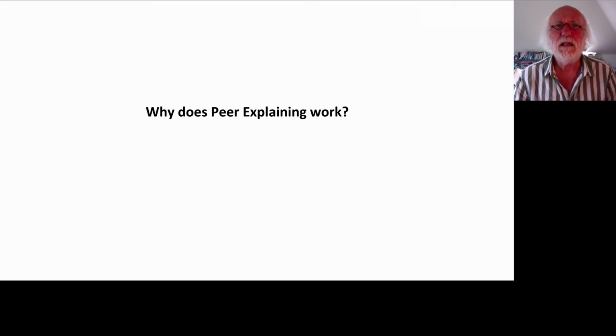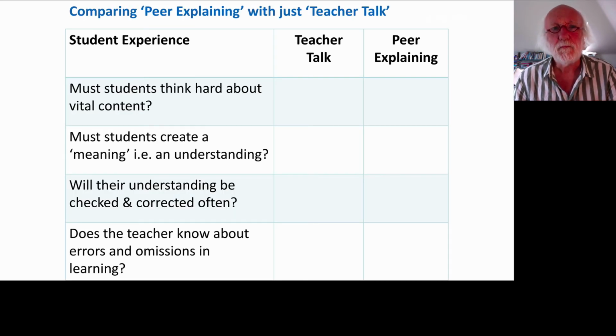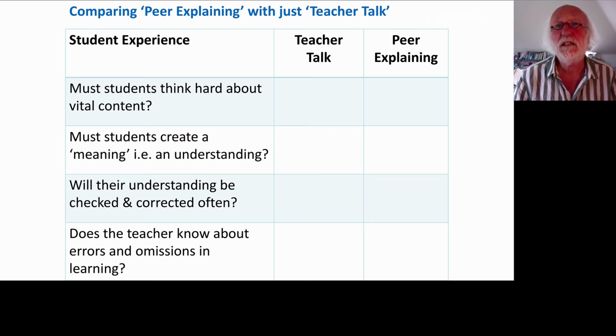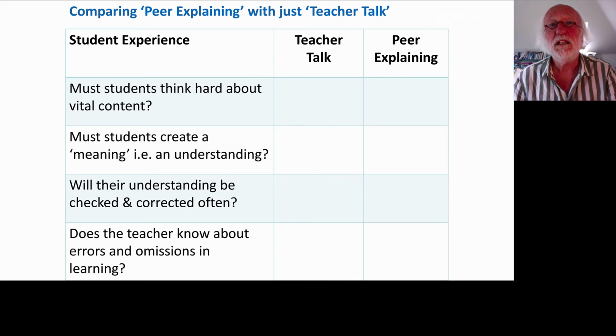Why does peer explaining work? Let's compare teacher talk done with peer explaining with teacher talk done without peer explaining. In the left-hand column are 4 crucial cognitive science principles for good learning, expressed as questions. Consider the first principle. Must students think hard about vital content?